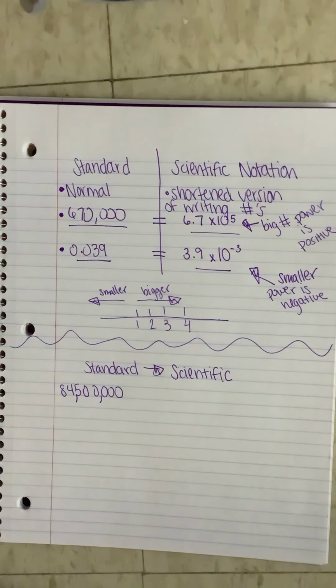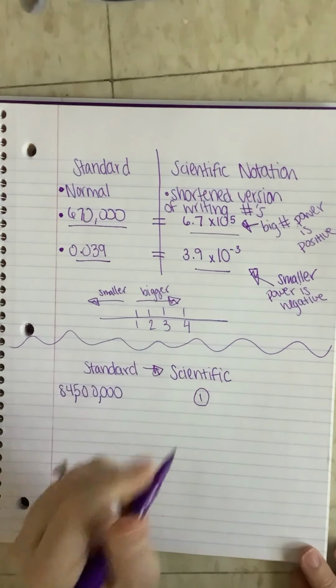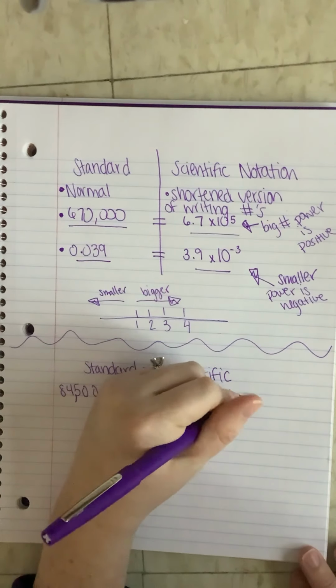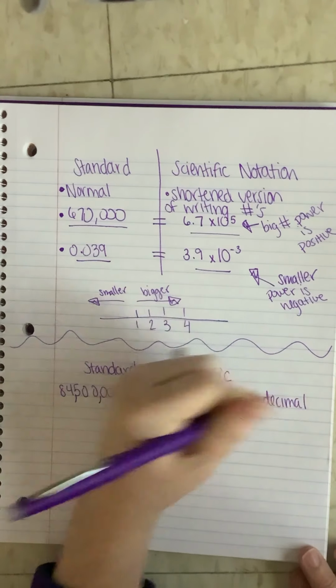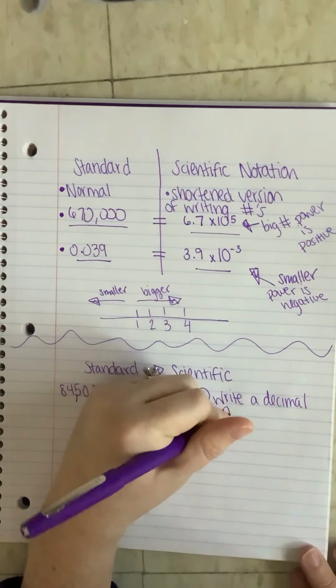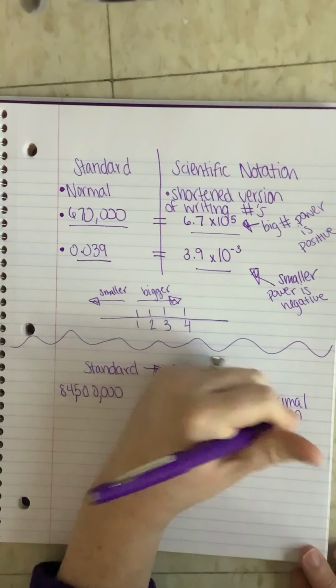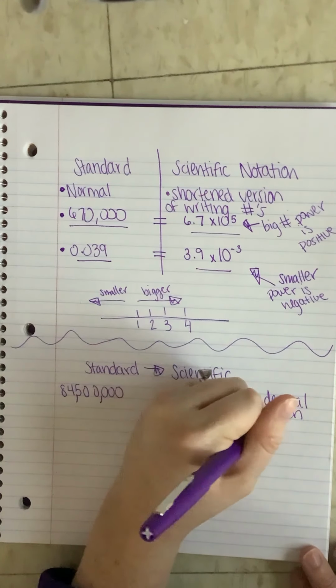All right, so step number 1, we are going to write a decimal point between numbers that aren't 0.